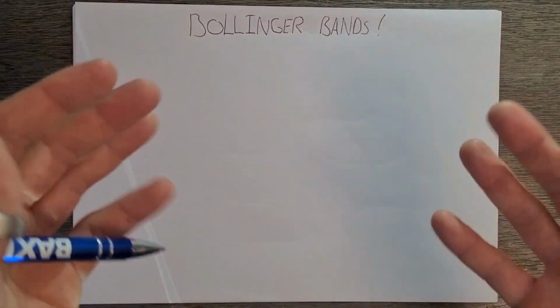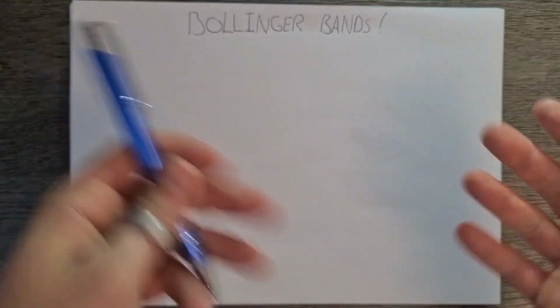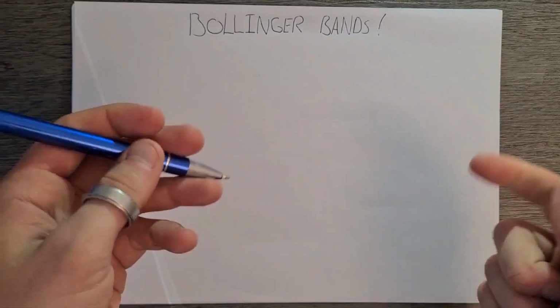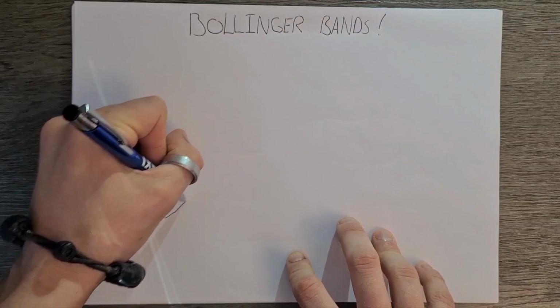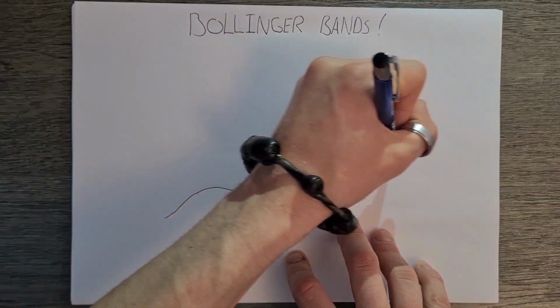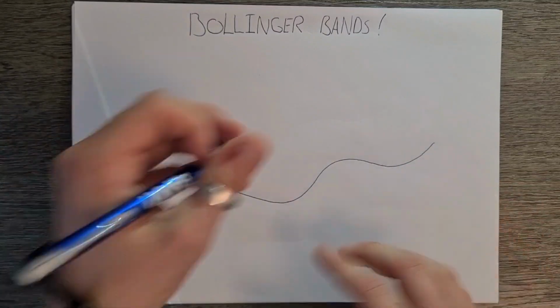So Bollinger Bands were developed by a guy called John Bollinger, which is where the name comes from. They are made up from 3 lines. Now, the middle line is a moving average, which is usually based on a 20-day period.